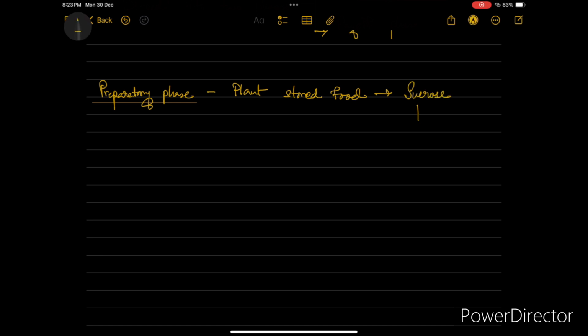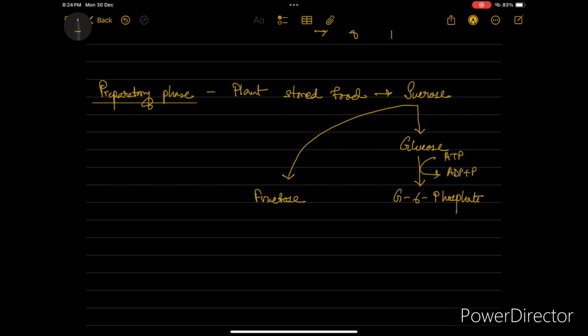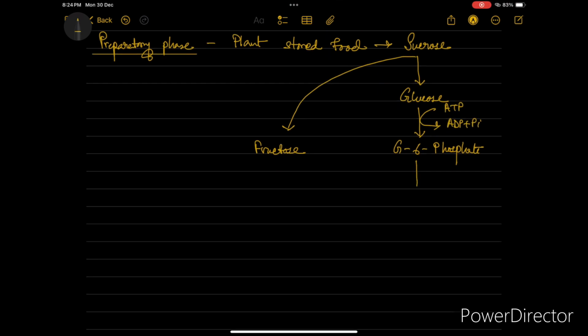Plants are able to store food in the form of sucrose. This sucrose is broken down into glucose and fructose with the help of a specific enzyme known as invertase, and the glucose participates in the first phase of glycolysis, the preparatory phase, where glucose is converted into glucose 6-phosphate with the help of an ATP molecule.